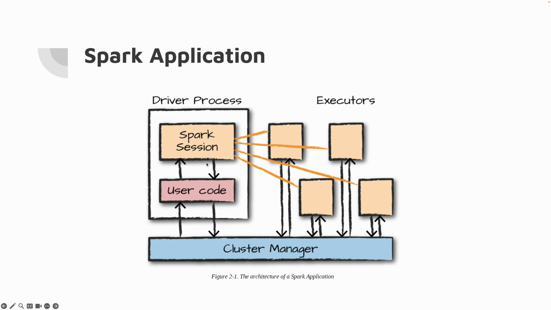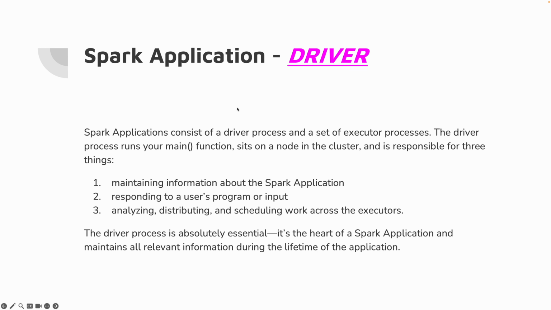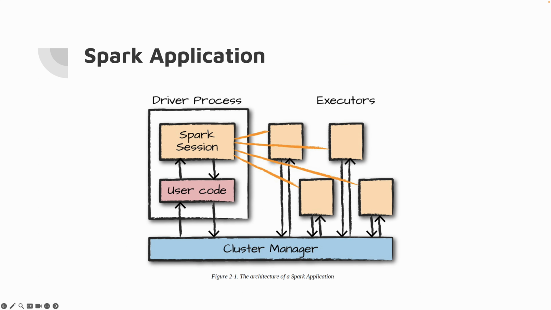Until and unless the brain is working, individual parts of the human body don't work. Similarly, if the driver process goes down, none of the processes get executed, or there will not be any progress that we can observe about what's happening in the executors. End of the day, driver process and executor processes are nothing but individual computers, but the driver process does not do the actual computation.